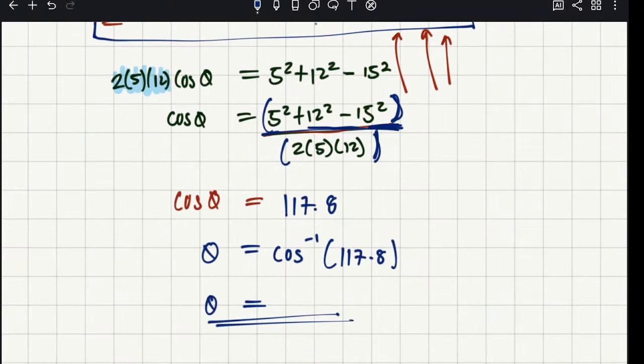What is the answer here? Cos inverse of 117.8. Mathematicians, what is the answer? Second function cos 117.8.